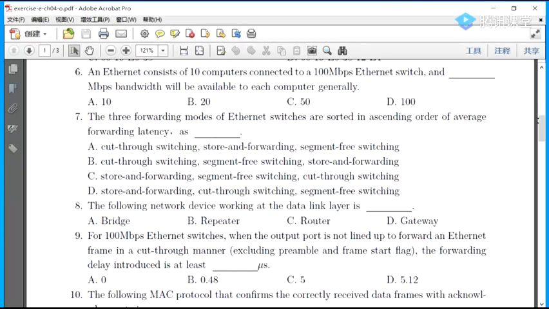Look at question 6. An Ethernet consists of 10 computers connected to a 100 Mbps Ethernet switch. Which one is the bandwidth that will be available to each computer generally?